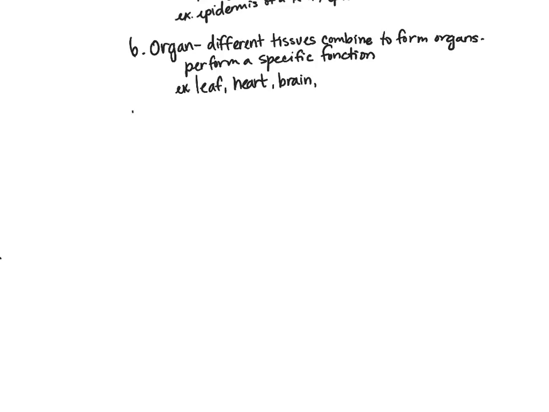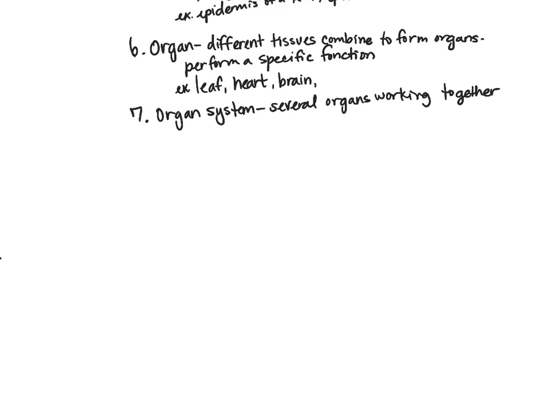Now, if we take different organs and put those together, then we get what's called the organ system. So our organ system would be several organs working together. So, for example, the above ground part of a plant.